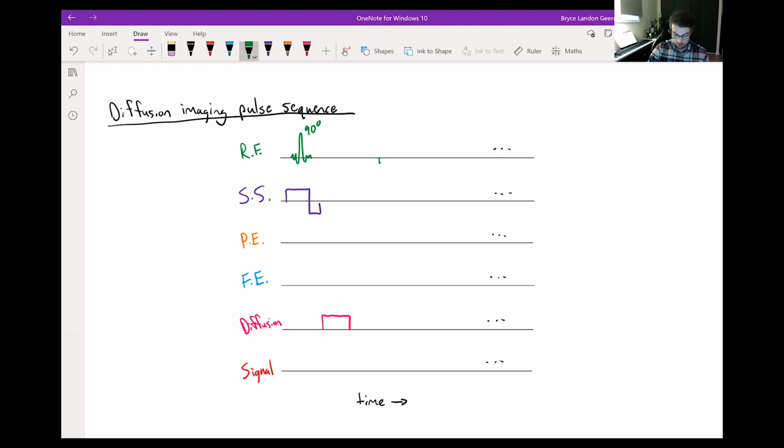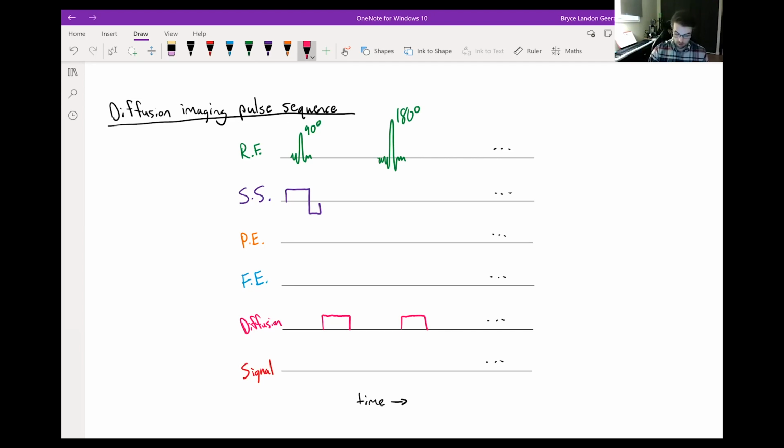Then we're going to apply a 180-degree pulse. And we're going to wait the same amount of time, balance on the other side, and apply our second diffusion-weighted gradient, which should be the exact same as the first one. It's just going to be roughly so for the purposes of this diagram, close enough.